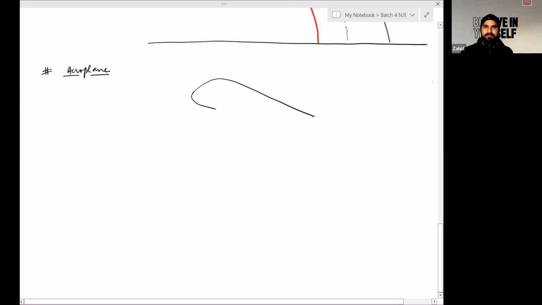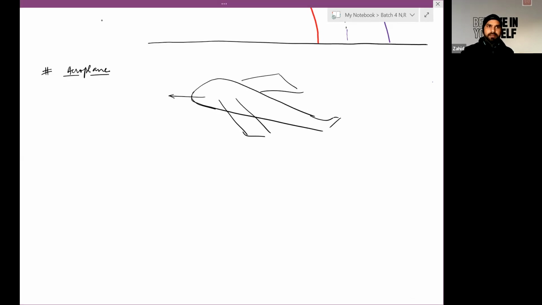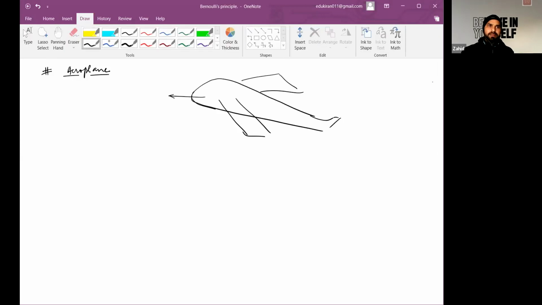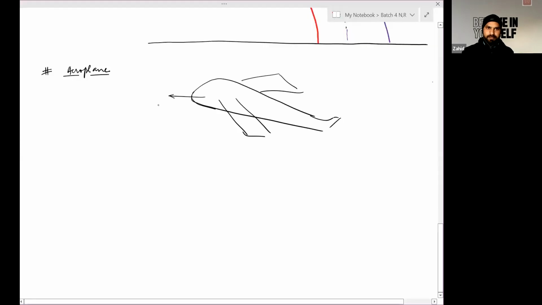Suppose there is a plane moving along this direction at some velocity, due to which air coming from the front side may move this way, and from the bottom, on hitting the bottom surface, it will get stopped.